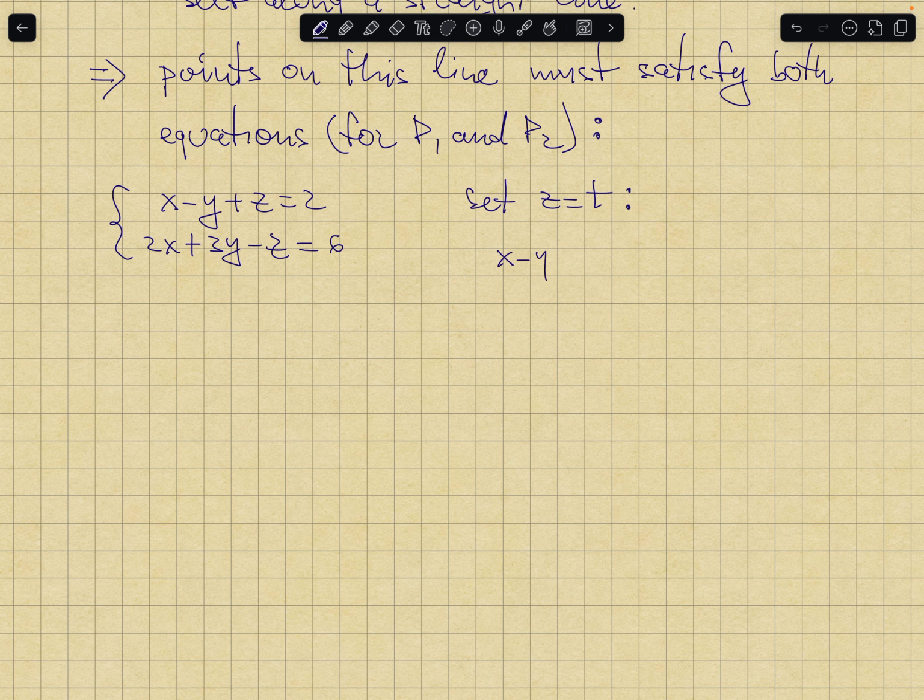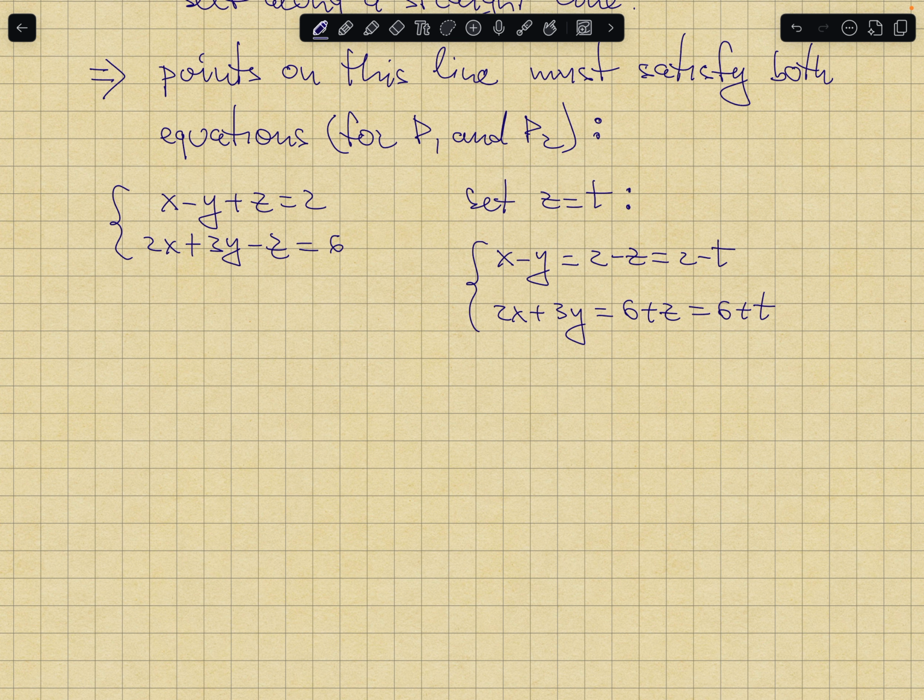X minus y is equal to 2 minus z, or 2 minus t, and 2x plus 3y is equal to 6 plus z, or 6 plus t.